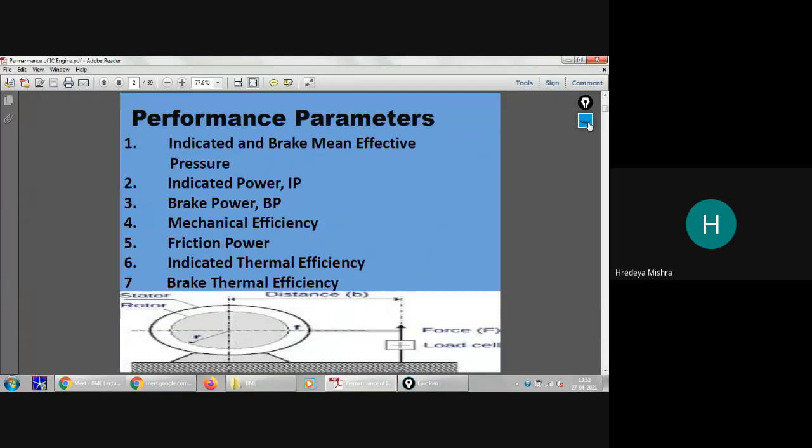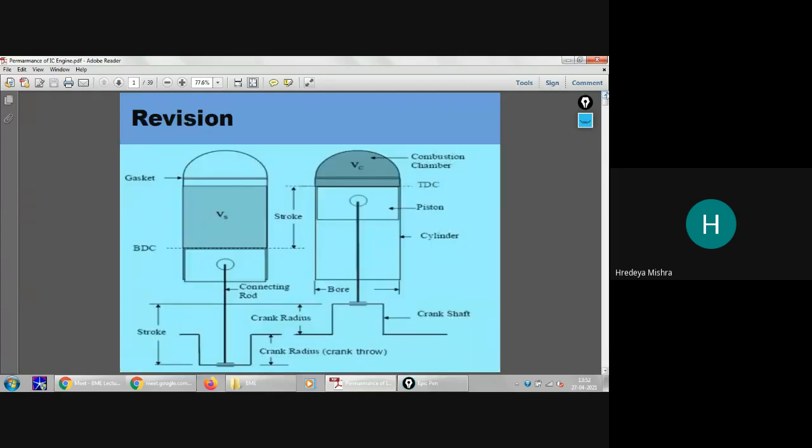See here, this is your gasket, this is your piston, and this is Vs. What is Vs here? Vs is the swept volume. This is your BDC, bottom dead center, and this is your TDC.